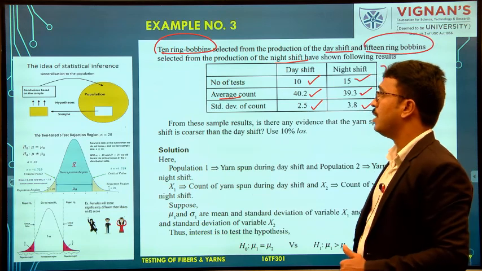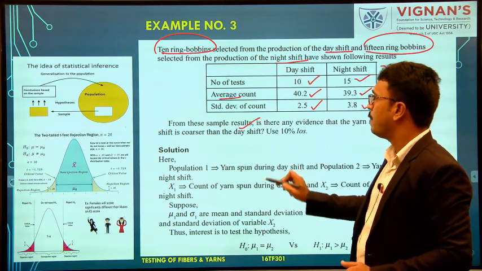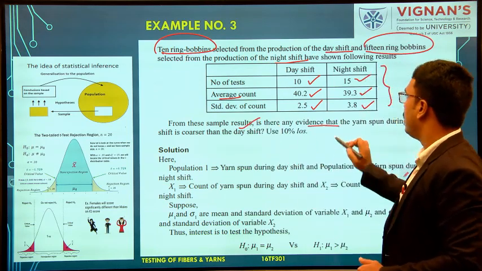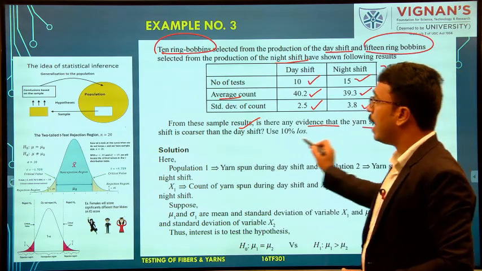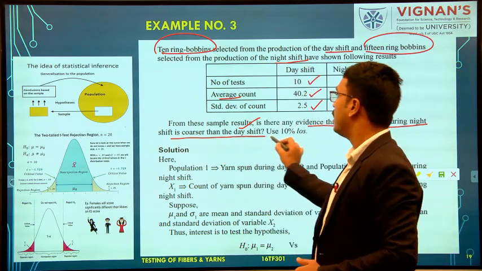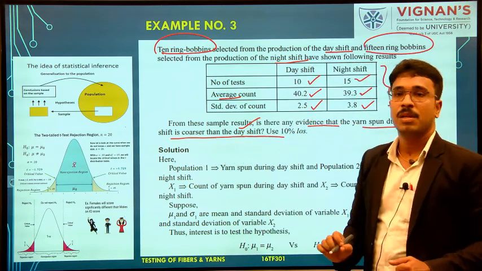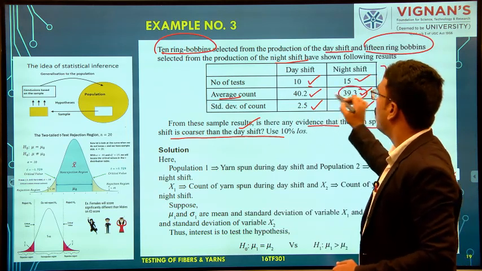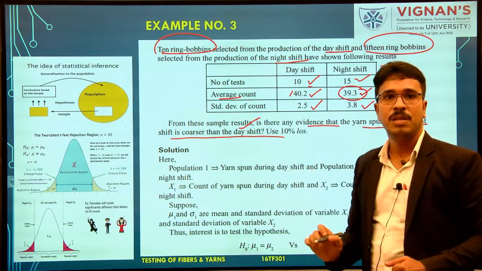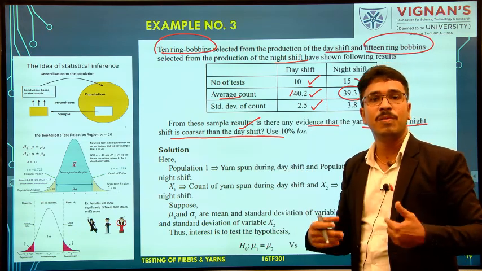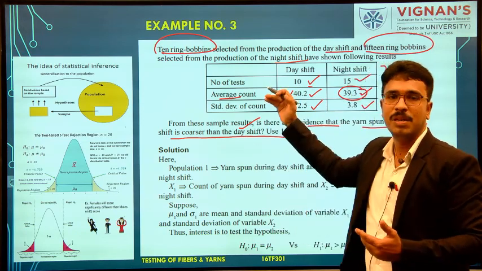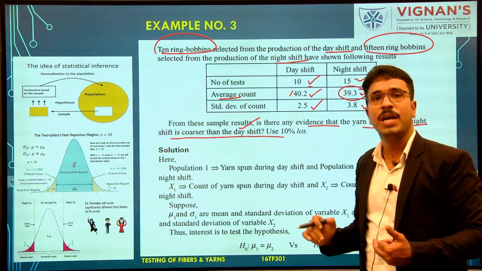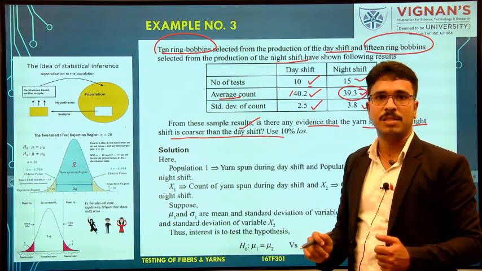Now what we have to see from the sample results is whether there is any evidence that the yarn spun during the night shift is coarser than the day shift. This is what we have to assess from the sample results.